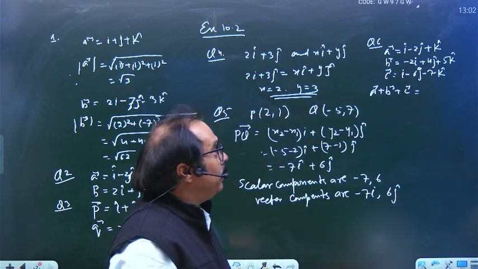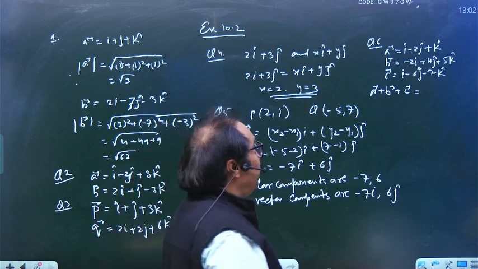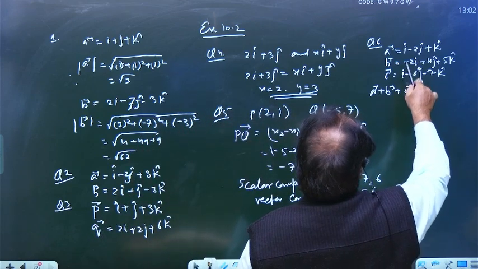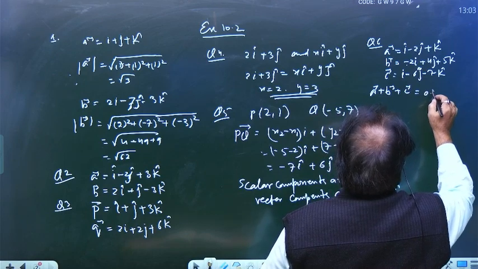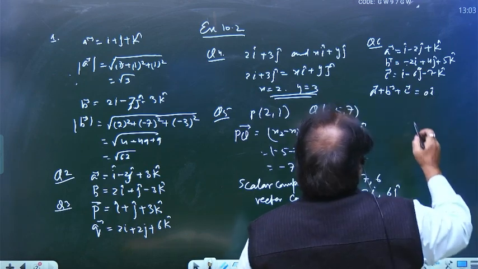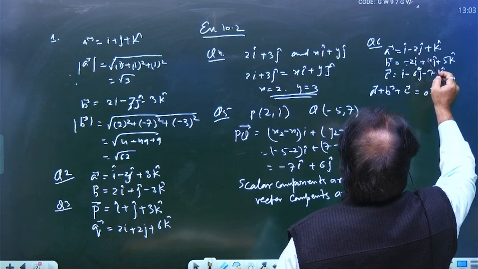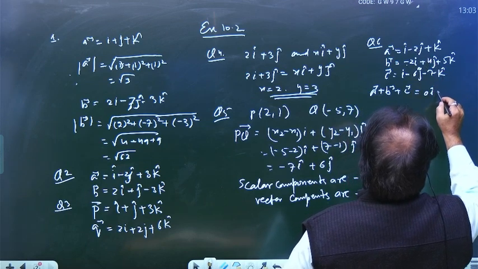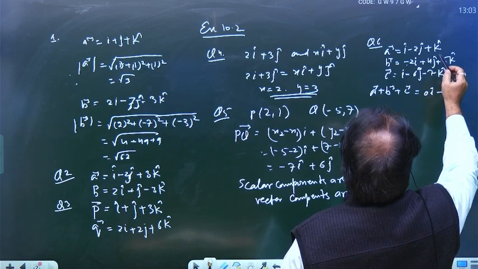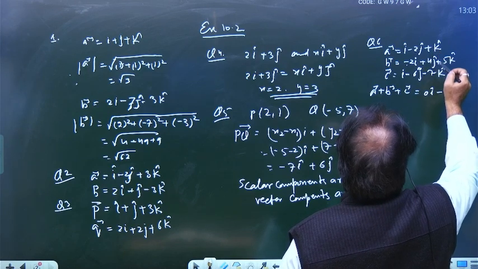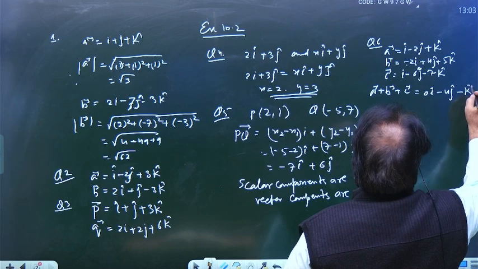This means the vector components will be added or subtracted accordingly. So here i cap plus i cap minus 2i cap is equal to 0 i cap, and minus 2 minus 6j plus 4j is equal to minus 4j cap, and 5k cap plus 1k cap is 6k cap, and this is minus 7, so it will be minus k cap.